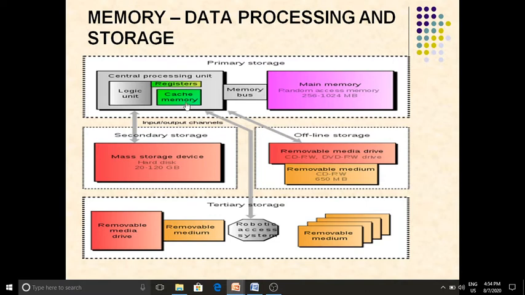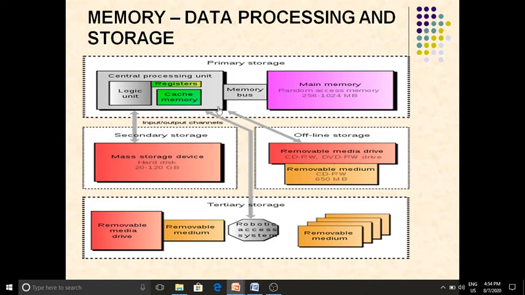Then the central processing unit sends data back to the secondary storage, that is mass storage device, hard disk, and whatever data is there in the storage devices will again go back to the central processing unit. It is showing arrows in both directions, back to back.